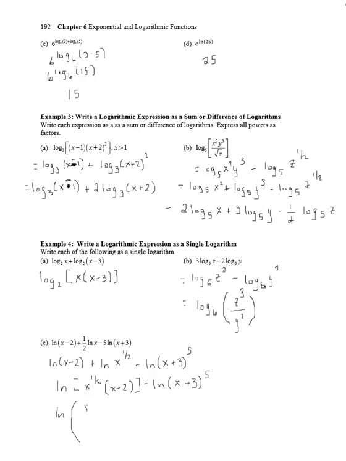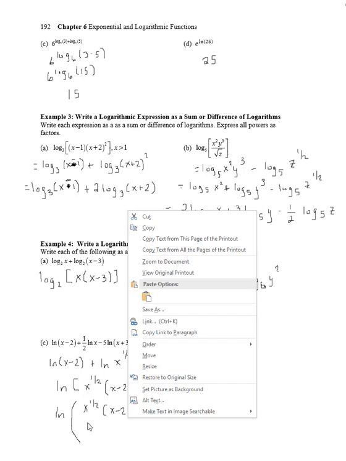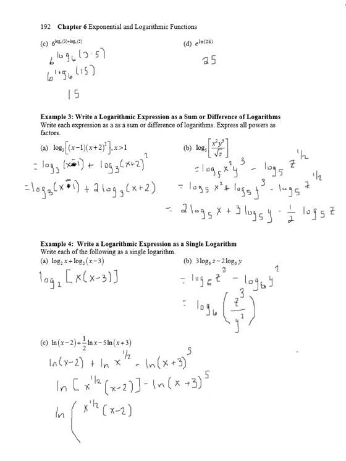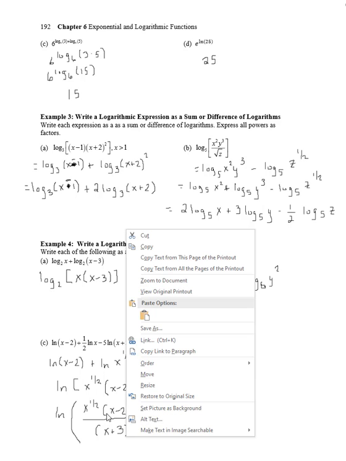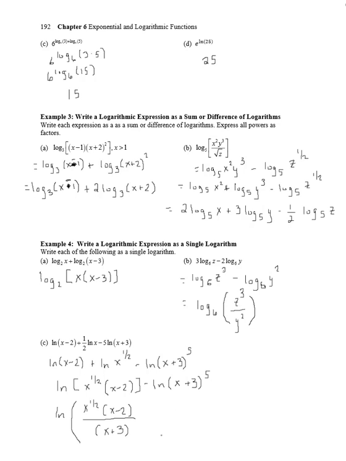In the numerator, we have x to the 1/2 times x minus 2, and in the denominator, we have x plus 3 to the 5th.